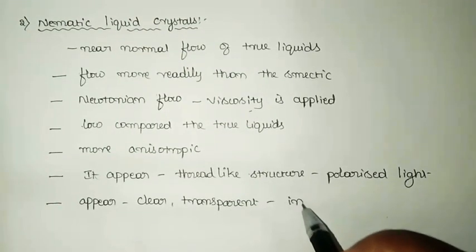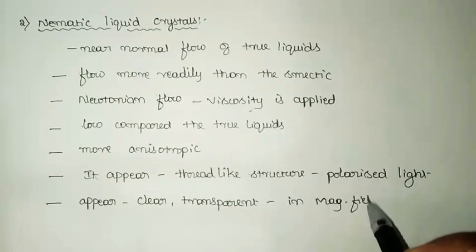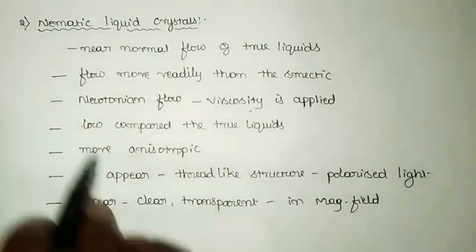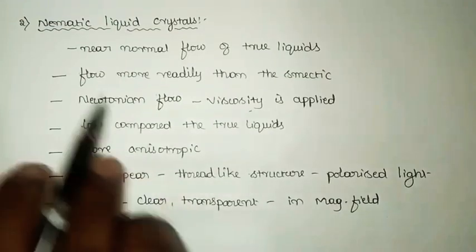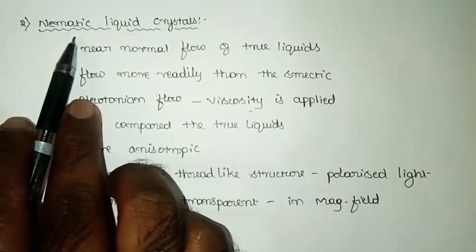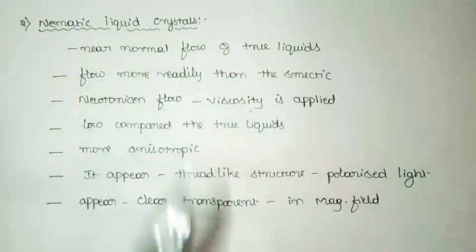But once you remove the magnetic field, again the nematic liquid phase will appear to be turbid. That means this is one property we can use to check whether the obtained liquid crystal is nematic or smectic.